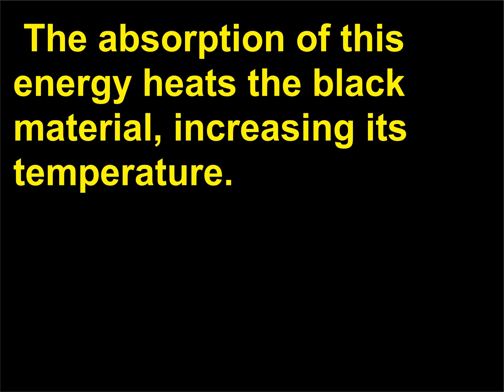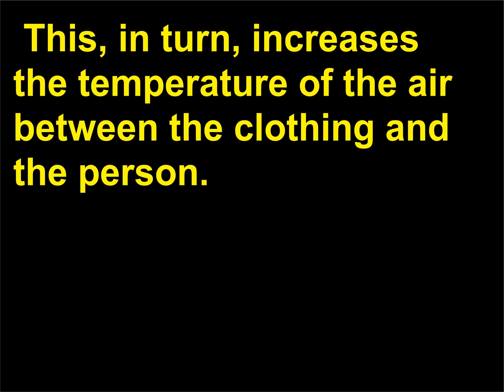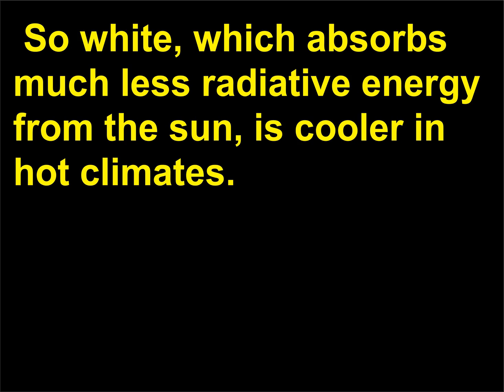The absorption of this energy heats the black material, increasing its temperature. This, in turn, increases the temperature of the air between the clothing and the person. So white, which absorbs much less radiative energy from the sun, is cooler in hot climates.